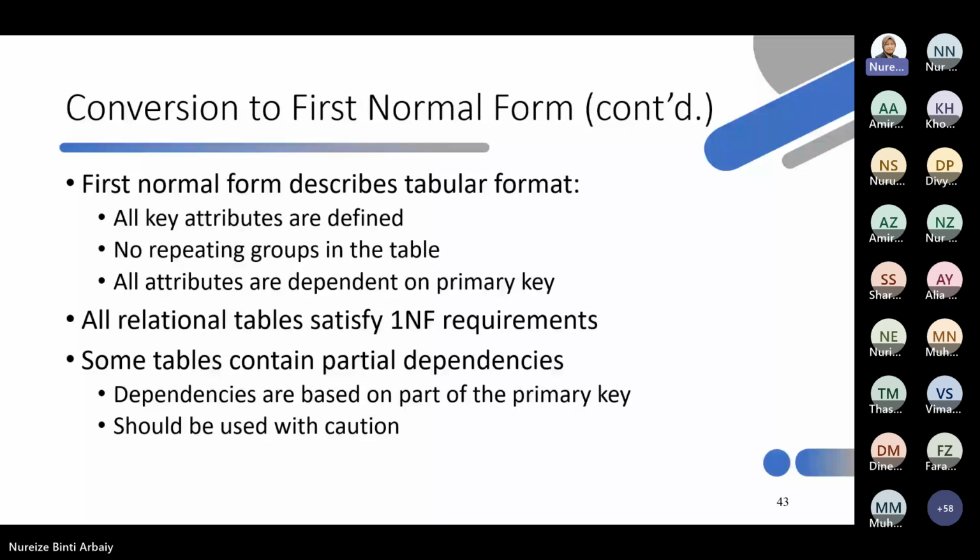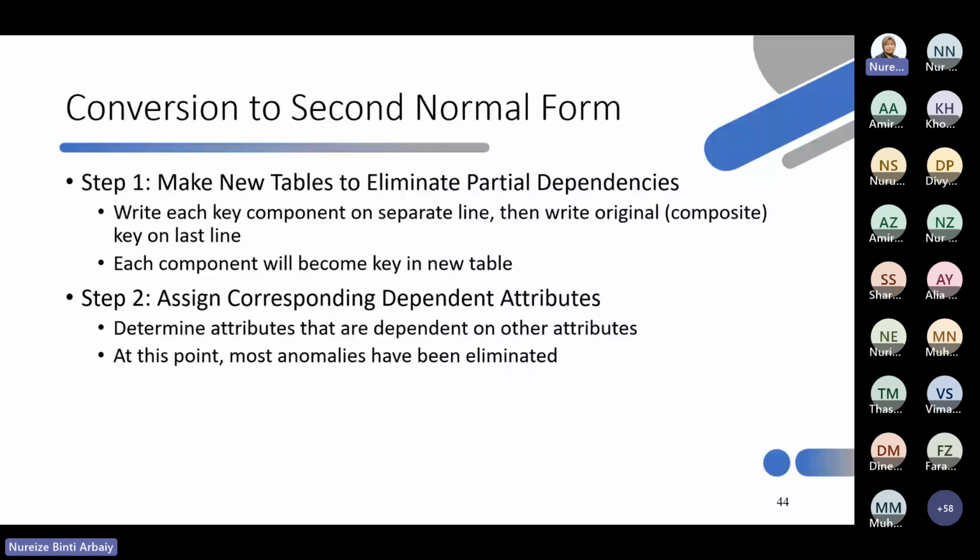So now step 2 is to convert it into the second normal form. Make new tables to eliminate partial dependency. Sorry, I think I got it reversed earlier. Second normal form is to eliminate the partial dependency. We have unnormalized form and then first normal form. First normal form is when you have these two, partial and transitive dependency.